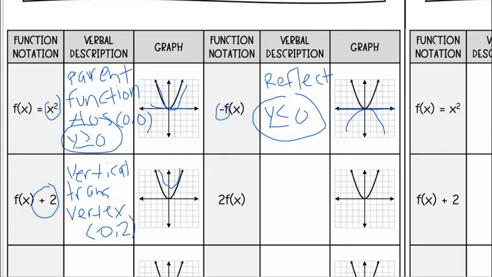And the range is going to be y is greater than or equal to 2. Like that. Now, what if there is a 2 in front of the f?